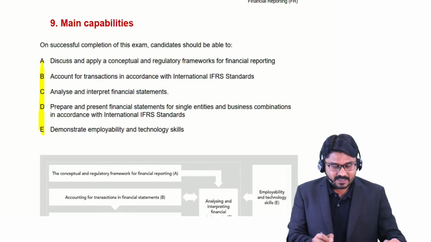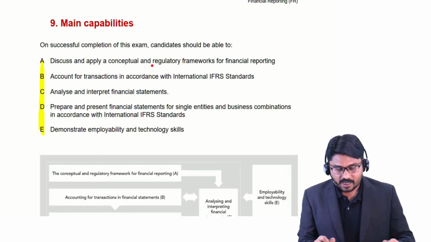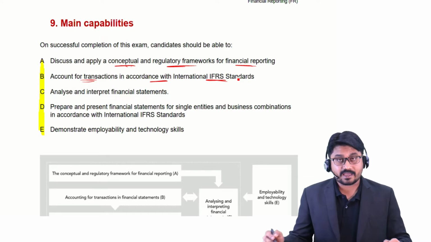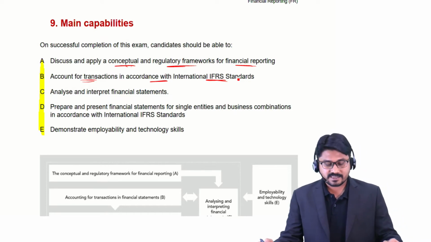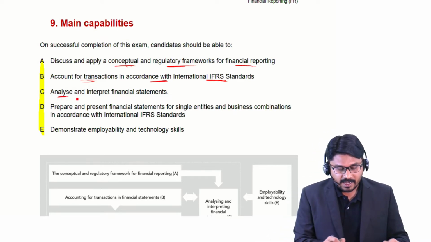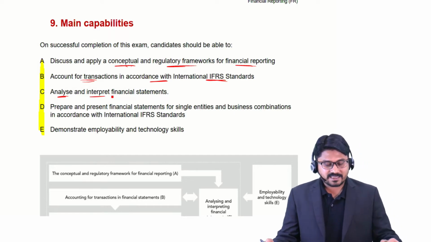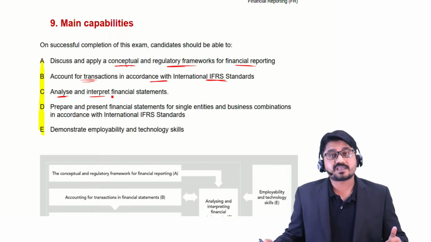In the main capabilities, under A there are conceptual and regulatory frameworks. Number two, accounting for transactions in accordance with IASs and IFRSs. In part C, we study the analysis and how to interpret the financial statements.